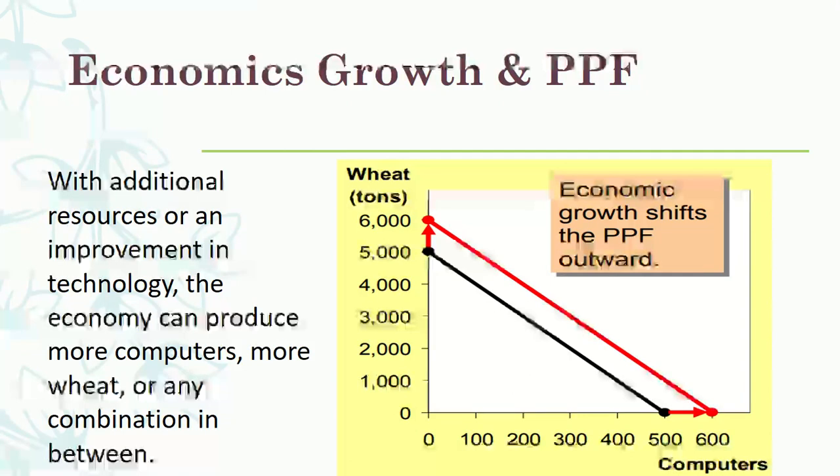For example, a new technology may have more impact on the computer industry than it did on the wheat industry. Then the computer intercept changes, this horizontal line showing computers, and here the vertical line showing wheat.